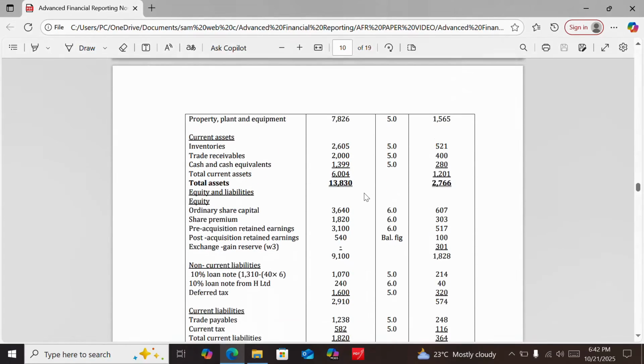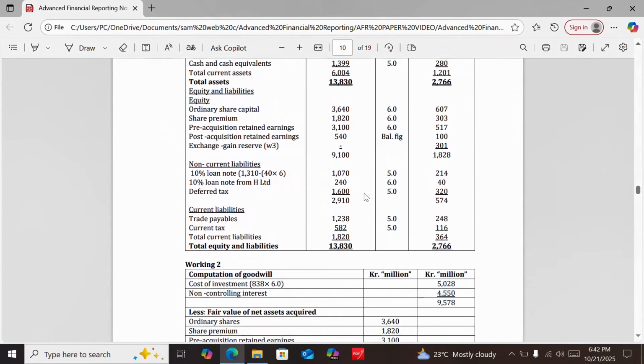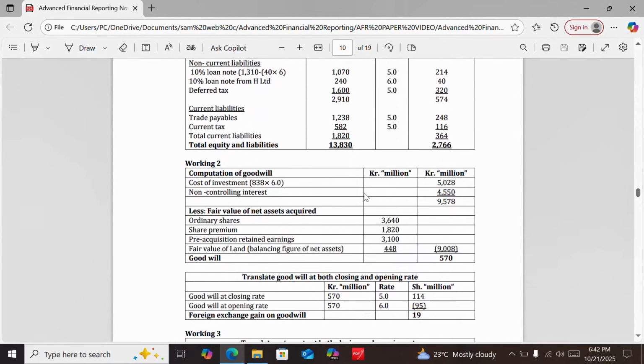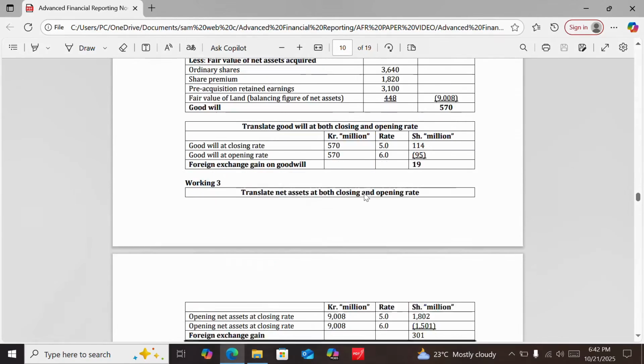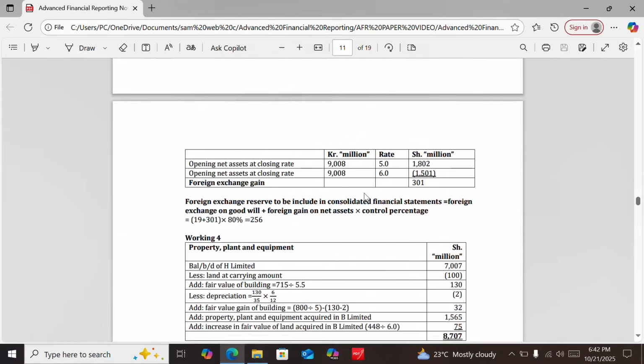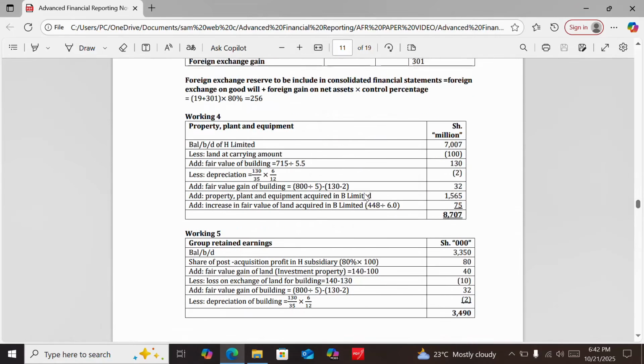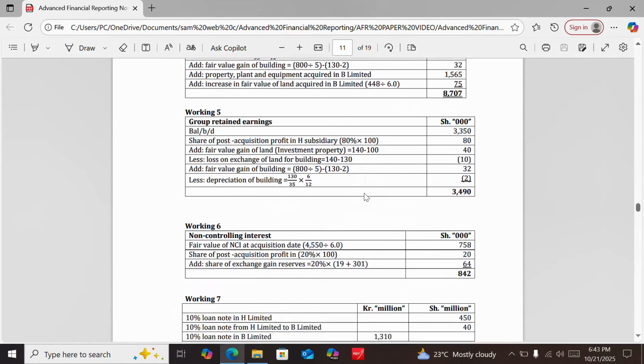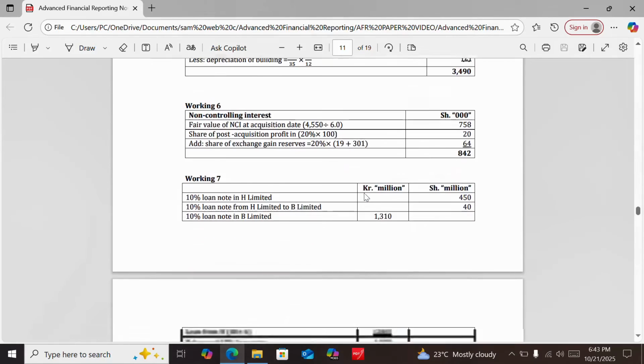This is part B, and this one has workings as follows. That is working 1, working 2, working 3, working 4, working 5, working 6, working 7.